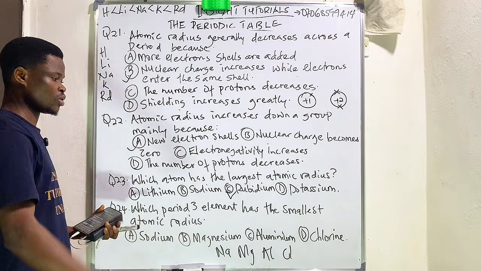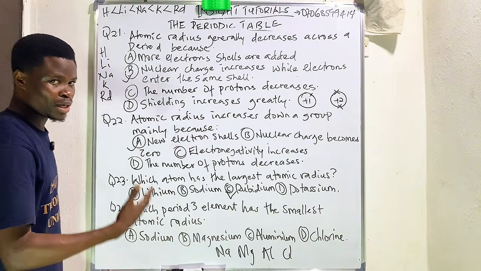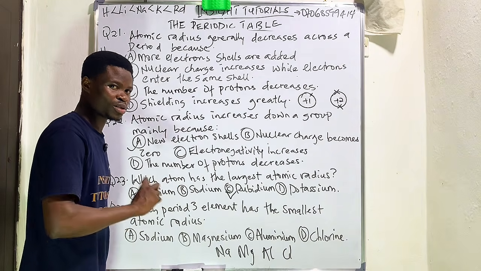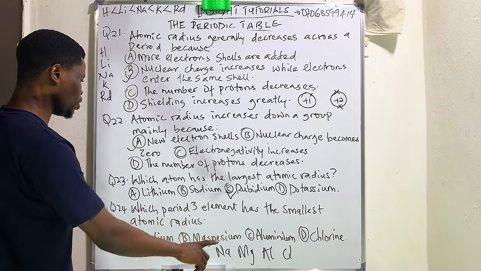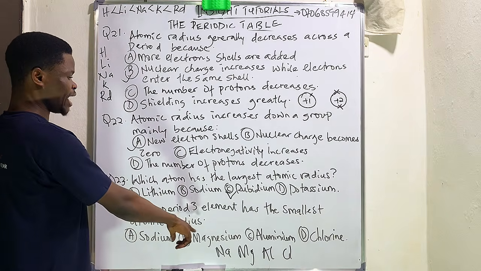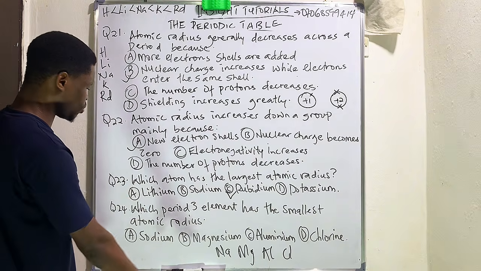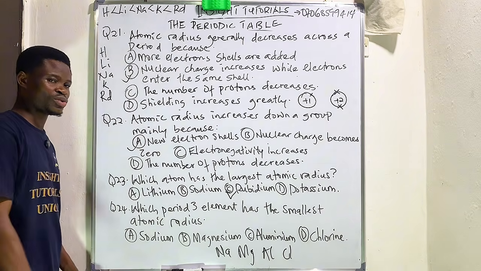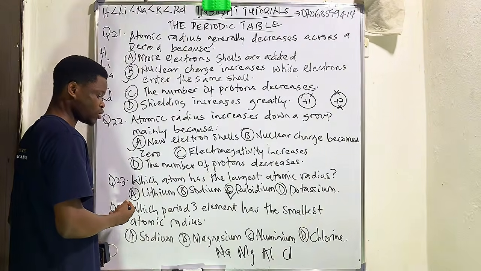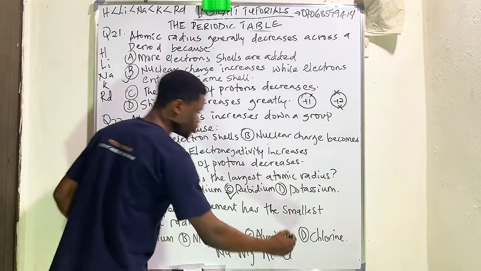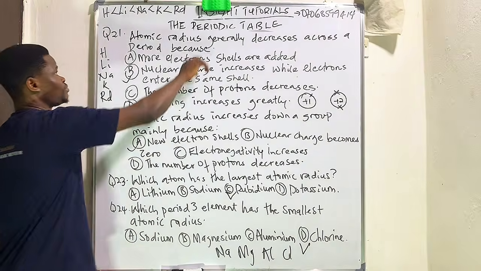Chlorine is also in period 3. So if you notice from left towards right, the atomic radius decreases. So across period 3, which element has the smallest atomic radius? Since there's a decrease going this way, the element that has the smallest atomic radius is going to be chlorine. We'll go to the next.